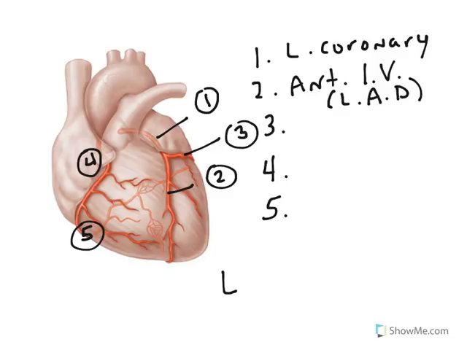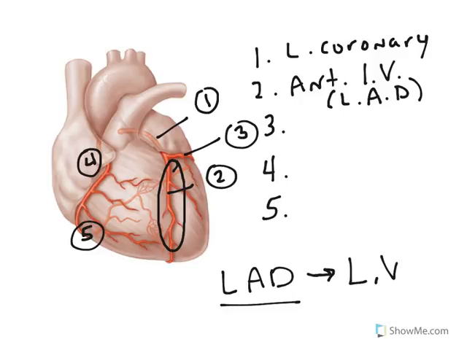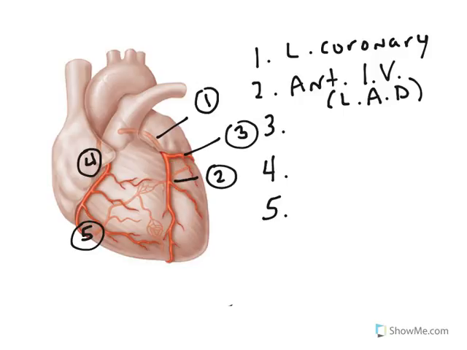So if you ever see the term LAD in practice, it's referring to the anterior interventricular artery here. This one is very important because it carries blood to the left ventricle. And we know that the left ventricle is important because it pumps blood to the whole body. And if we have blockage of this vessel here, it could impede blood flow to all of our body tissue.